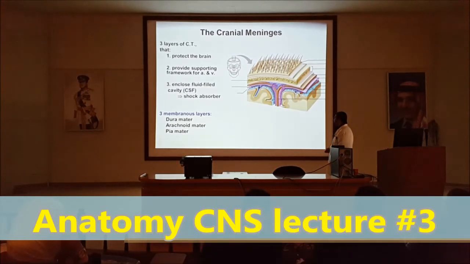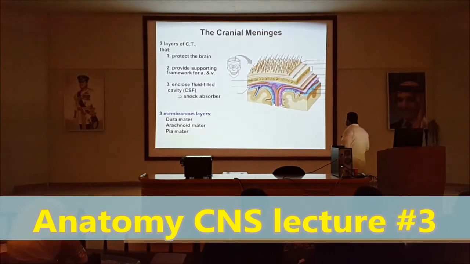This cerebrospinal fluid will act as a shock absorber. It allows the brain and the spinal cord to be located within a fluid environment, and this fluid environment acts as a shock absorber.